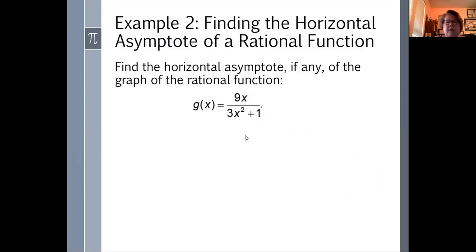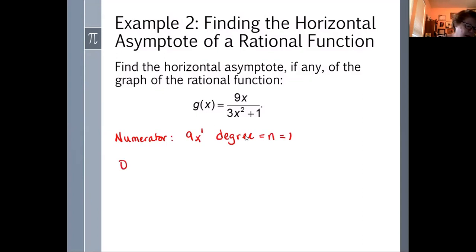All right, let's find the horizontal asymptote of this rational function. So let's first look at the numerator. The numerator is 9x. The degree, which we call n, is 1 because that exponent is that understood 1.